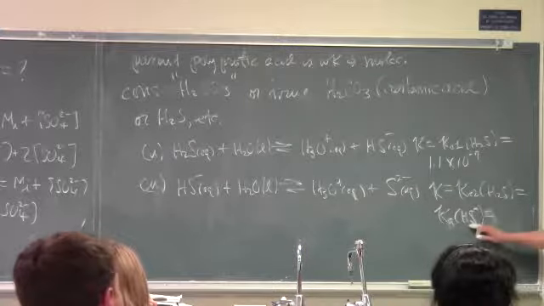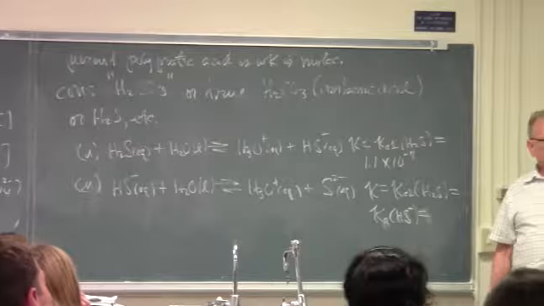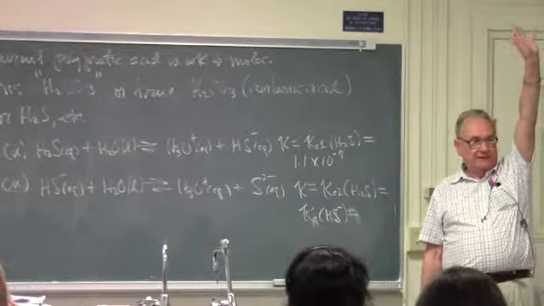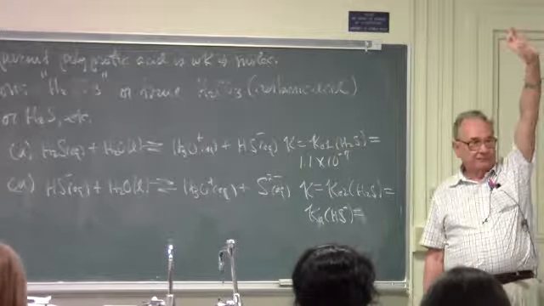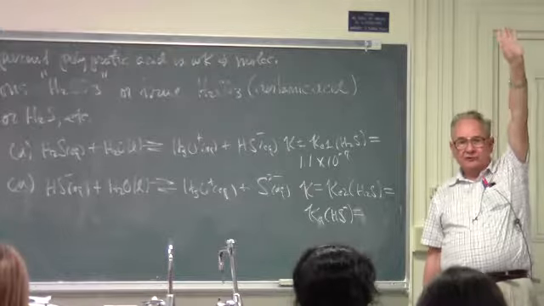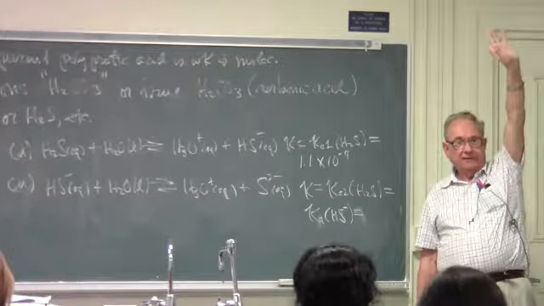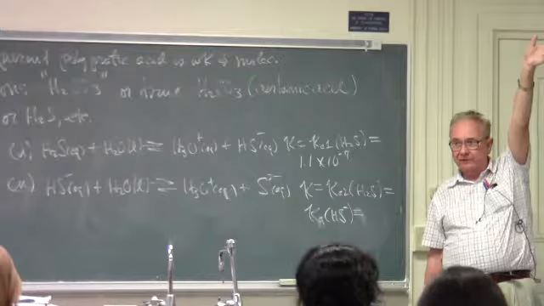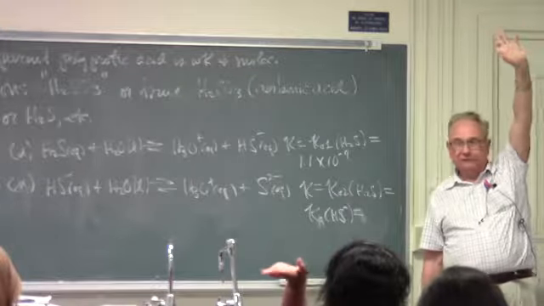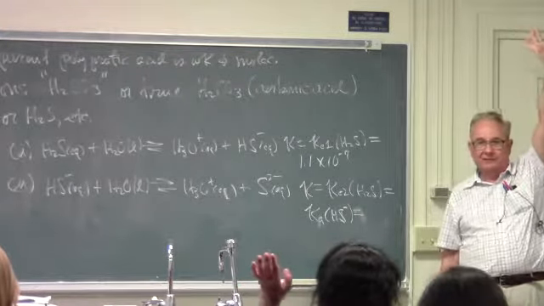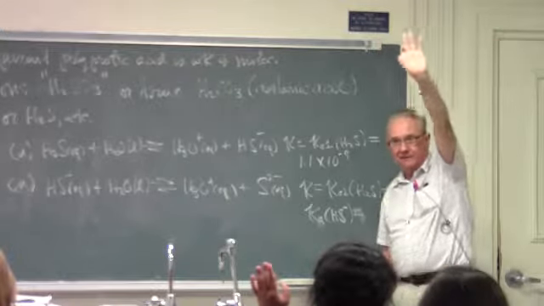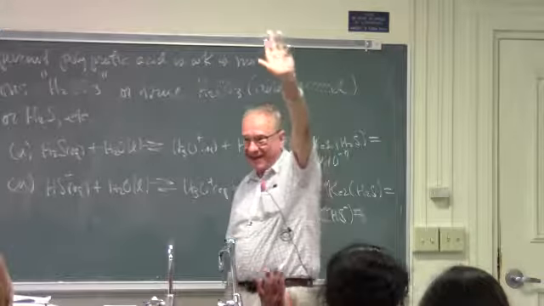How many vote that Ka HS minus is bigger than 1.8 times 10 to the minus 16? I want votes. If I don't get votes this time, I'm writing the name of every non-voter, and you will be assigned a 0 for the course. Game is over. How about that for being damn mean? I mean damn mean.